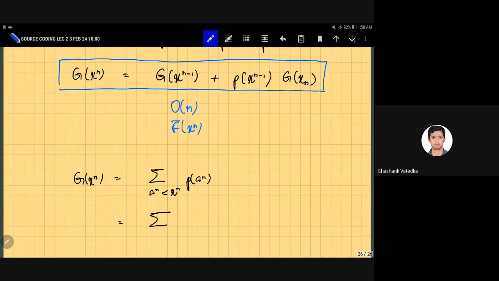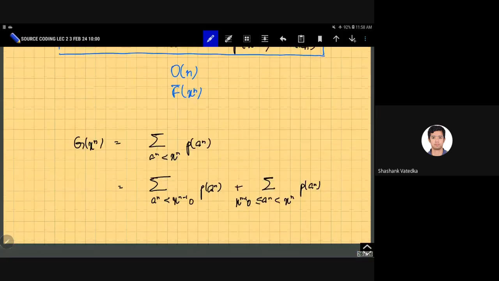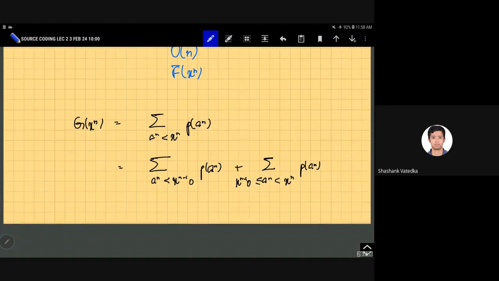And we're going to split this into two parts. The sum over all a^n less than x^(n-1)0, and the sum over all a^n which are greater than or equal to x^(n-1)0 but less than x^n of p of a^n. Okay, so right now I've just split this into two terms.